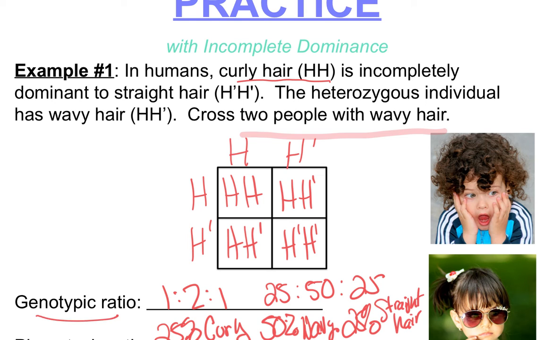So our genotype ratio will be a 25 to 50 to 25, and we simplify that down to a 1 to 2 to 1, curly, wavy, straight.